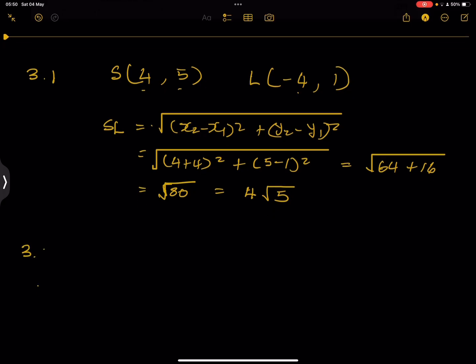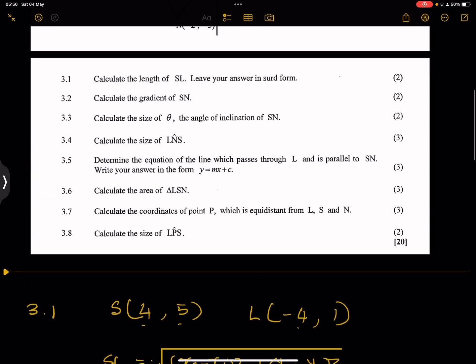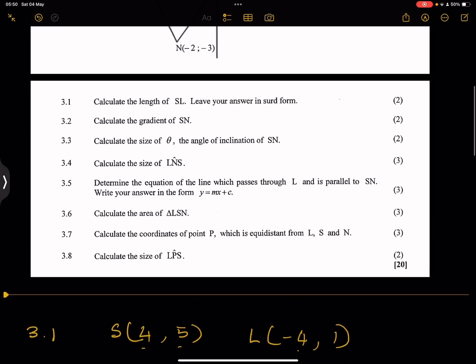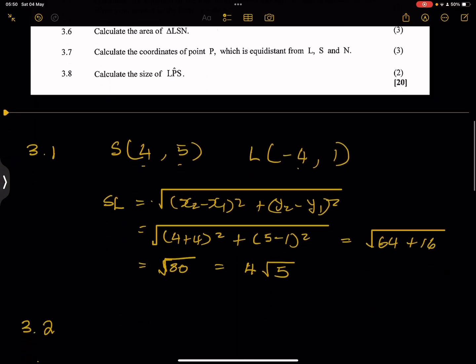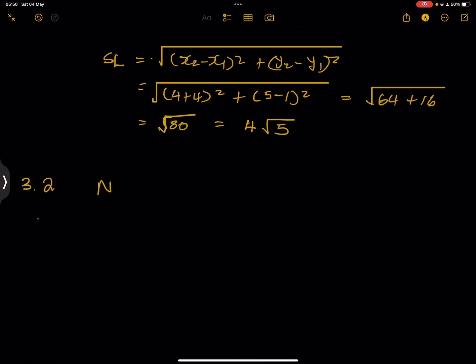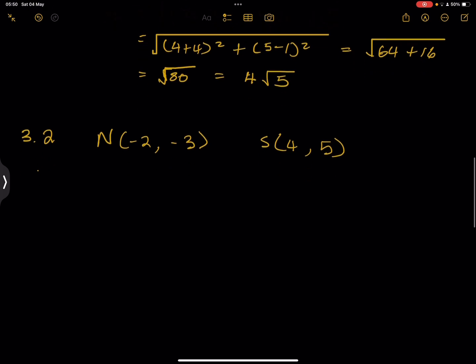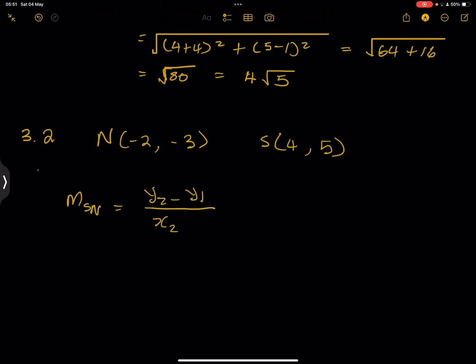So 3.2, they want us to calculate the gradient of SN. Now N is (-2, -3), so let's keep that in mind, and we remember that S is (4, 5). The gradient of SN is y2 minus y1 divided by x2 minus x1.